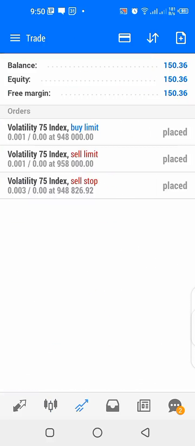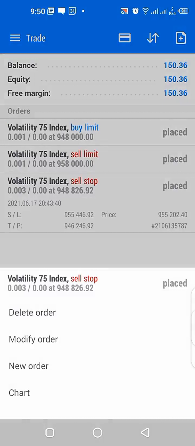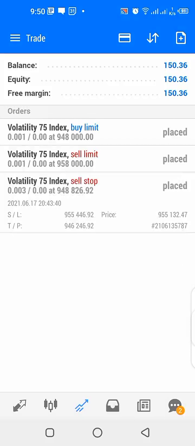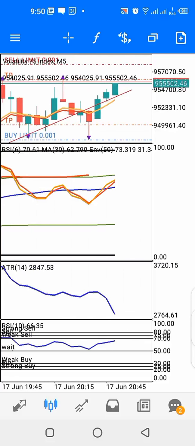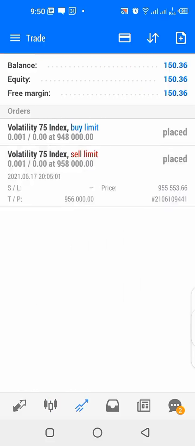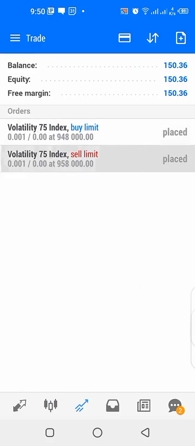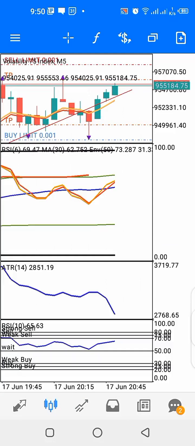It's closed the trade. I'm deleting the sell stop order immediately. That has been deleted, so I'm back to my sell limit and my buy limit, and price approaches my sell limit. You place a sell limit above price, expecting price to trigger it and then fall.